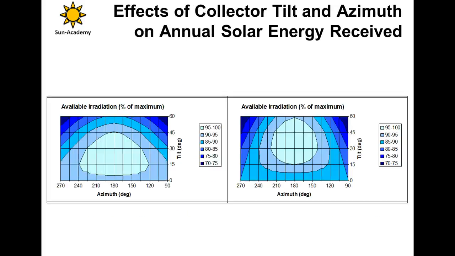Here we can see the effects of the collector tilt and azimuth on annual solar energy received. For example, this is showing the available irradiation for a collector facing due south at approximately 15 degrees, and we can see if you are facing from an azimuth angle of 180 to 240 or from 180 to 135, you will still receive 90 to 95% of the total solar energy.